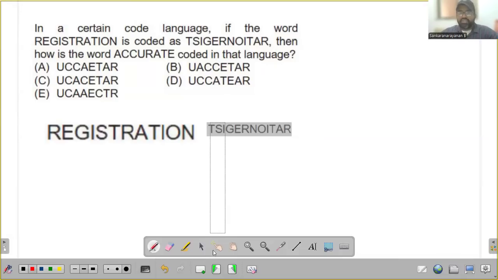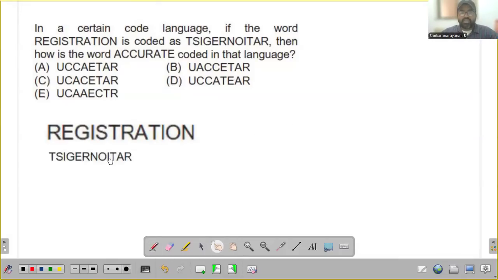Okay. Let's see this. This word is presented here. One second.